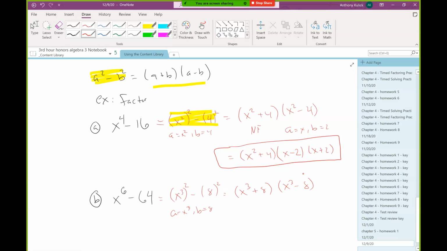Wait, Mr. Kulik, I thought that like 3 times 3 was 9. I thought that was the way that we were doing it. So when you multiply polynomials, you add the exponents? Oh, okay. Right, because if you think about x to the 6, it's just 6 x's multiplied together, right?